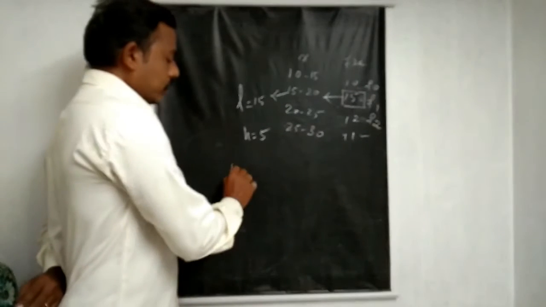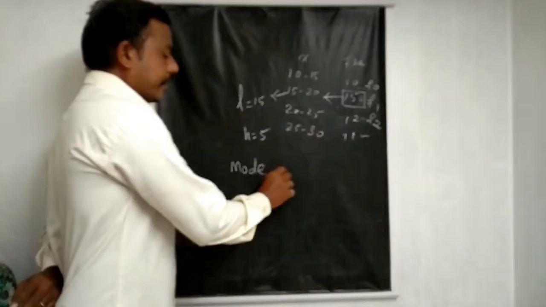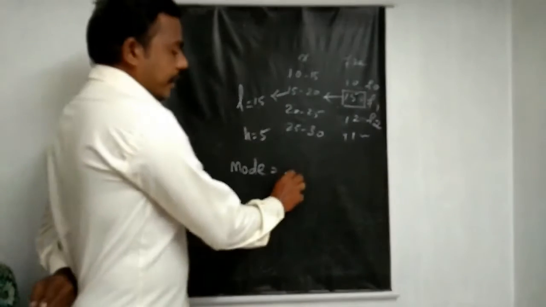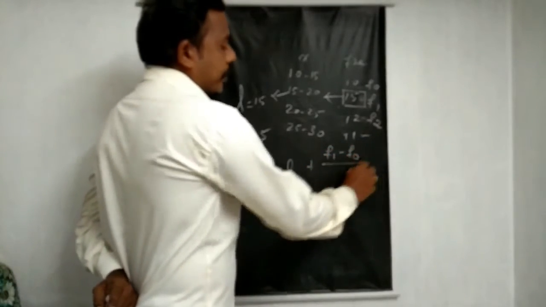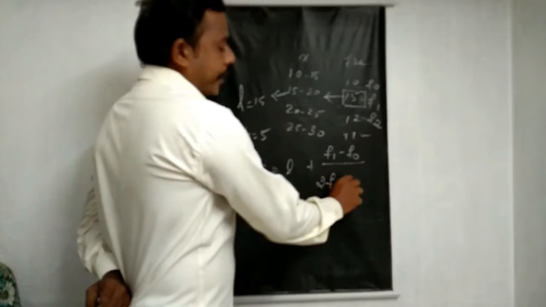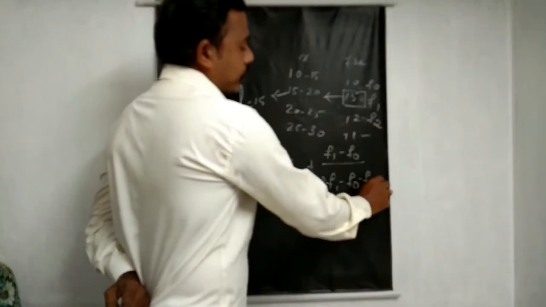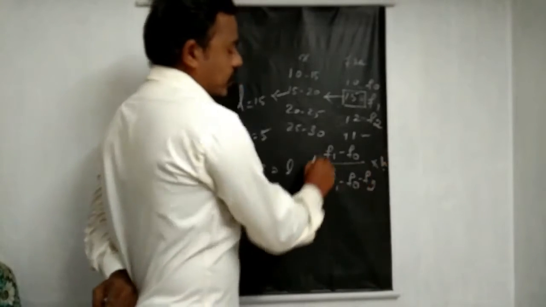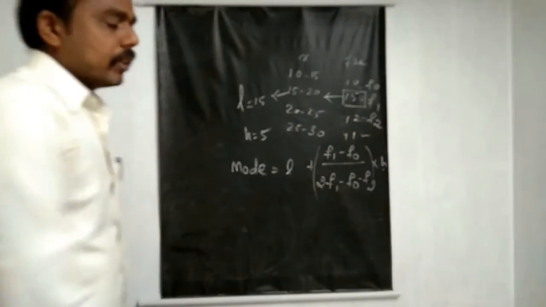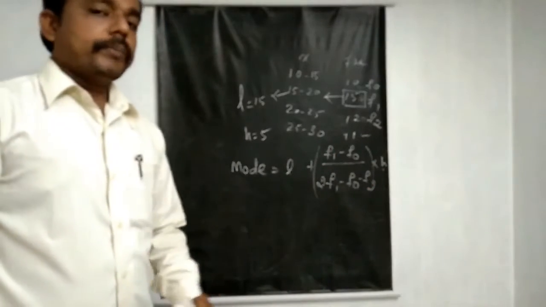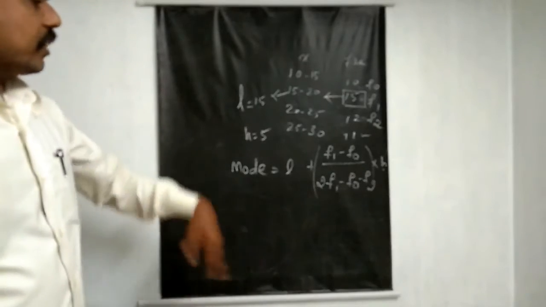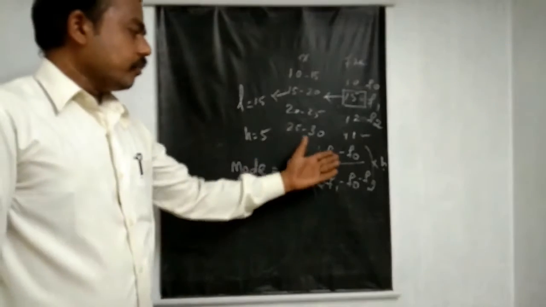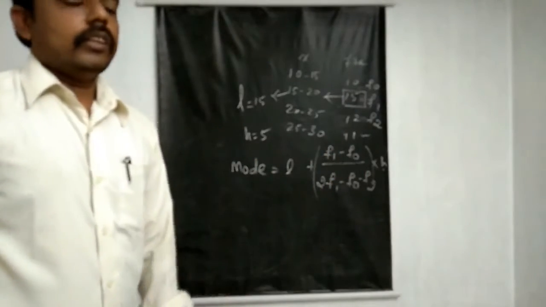The mode formula is L plus (F1 minus F0) divided by (2 F1 minus F0 minus F2), into H. This H is common for all classes. The derivation is not needed now, but we substitute the values of L, F0, F1, F2 and H in the mode.